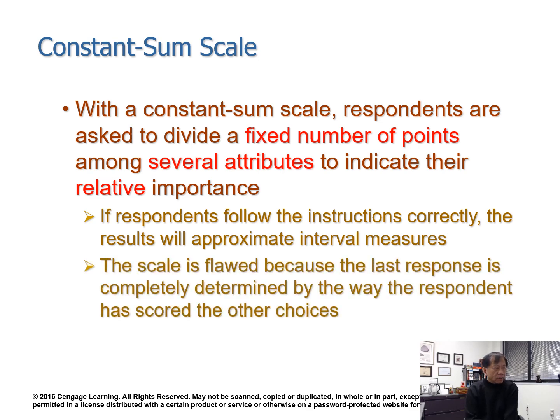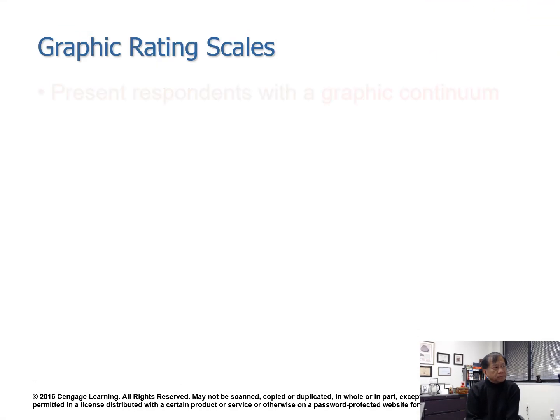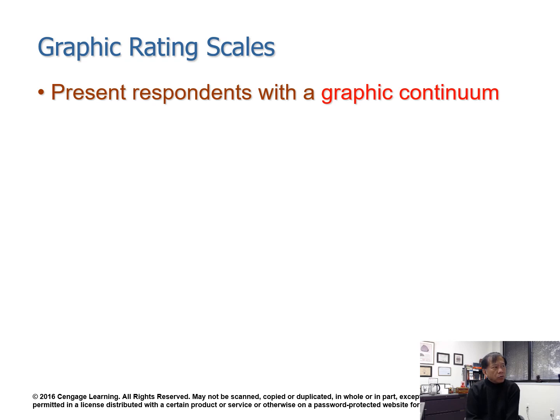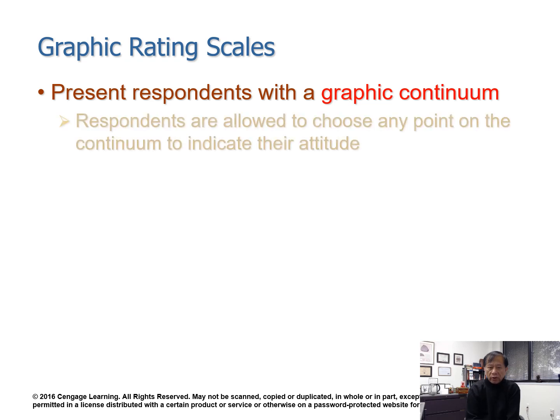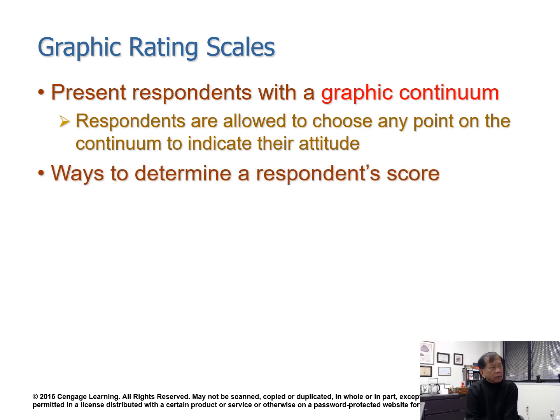The scale is flawed because the last response is completely determined by the way the respondent has scored the other choices. Also, the graphic rating scale. When you use a graphic rating scale, it presents respondents with a graphic continuum. Respondents are allowed to choose any point on the continuum to indicate their attitude.